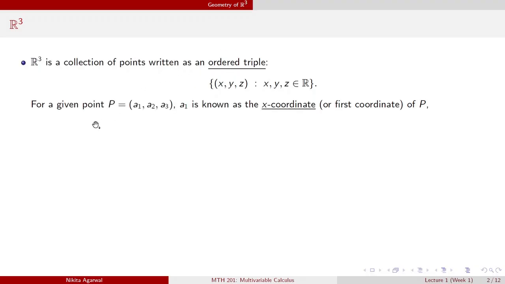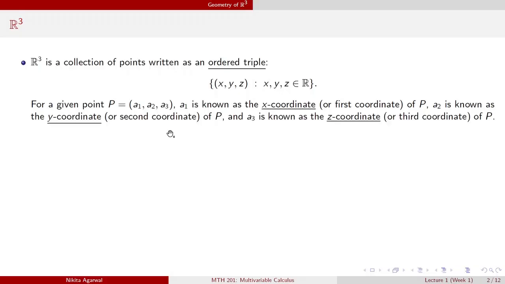For a given point P = (a1, a2, a3), a1 is known as the x coordinate or the first coordinate of the point P. a2 is known as the y coordinate or the second coordinate, and a3 is known as the z coordinate or the third coordinate of P.